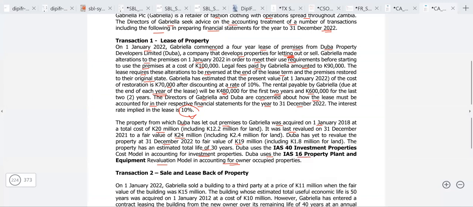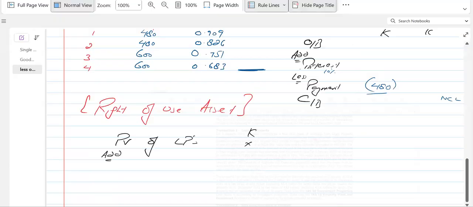Other things are, for example, in order to meet the use requirement before starting, they spent 100,000. So there is another cost of 100,000.